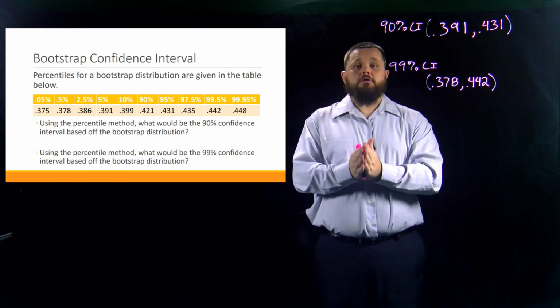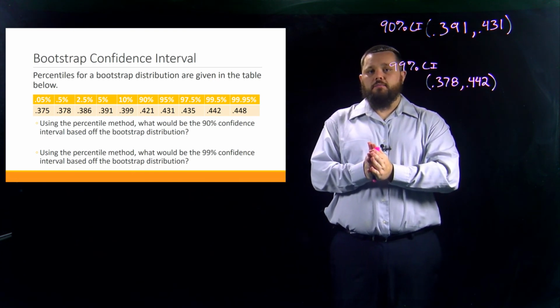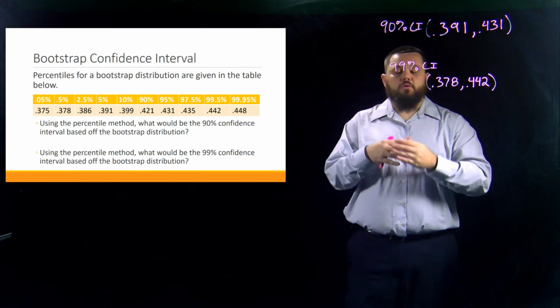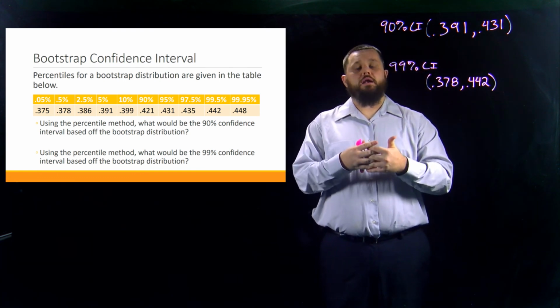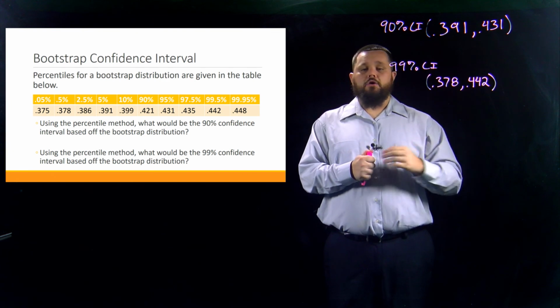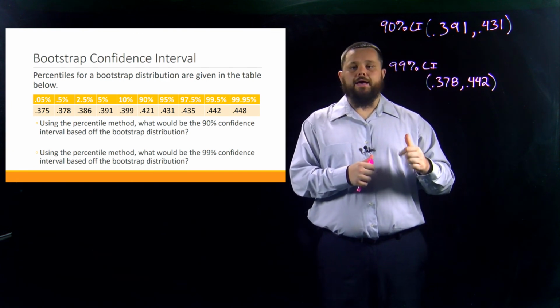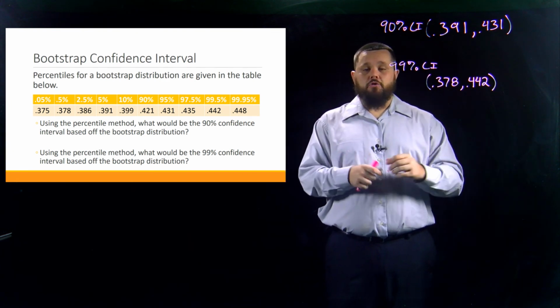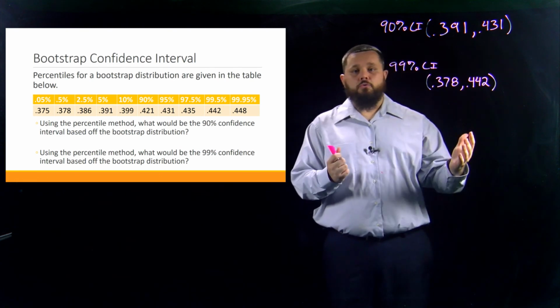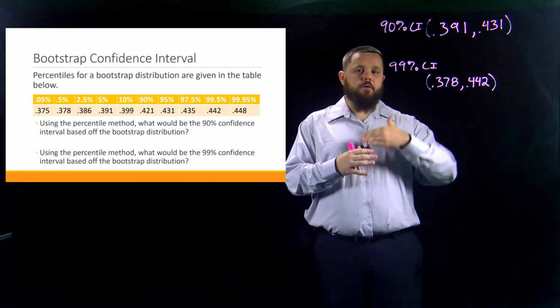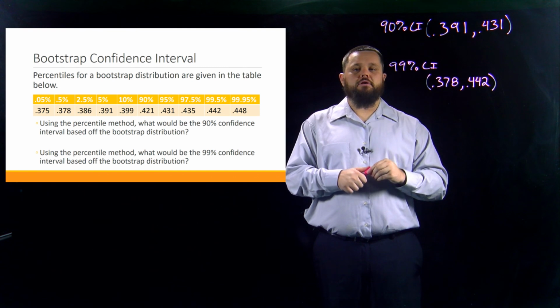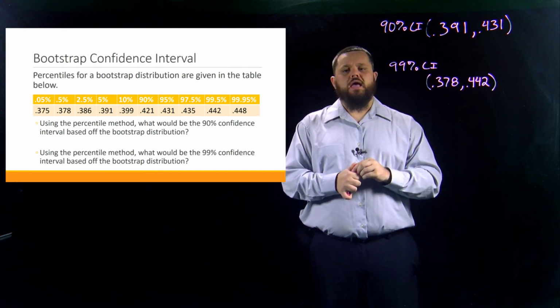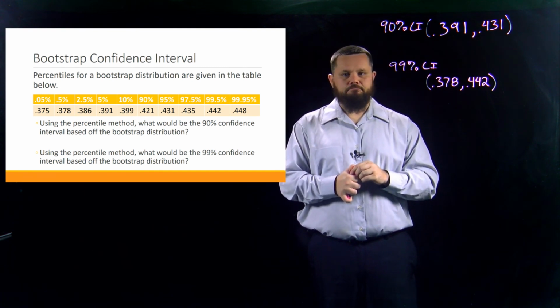Now, are we guaranteed to get 990 that contain the parameter? No, because we are dealing with a random quantity. So it could be we get 990, could be we get 993, could be we get 982. Whatever. We're not guaranteed to get 990, but that's the value we expect to get.